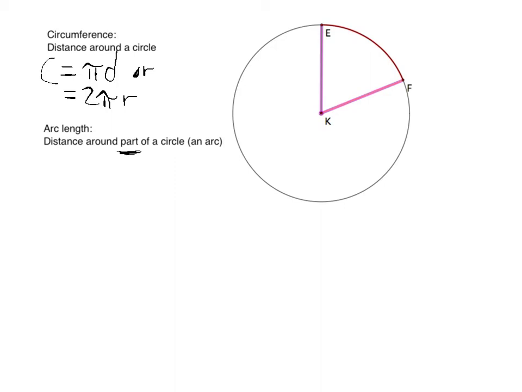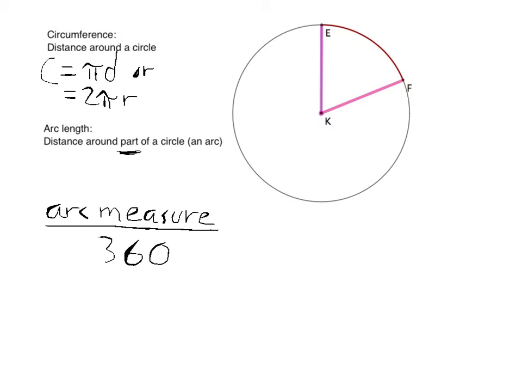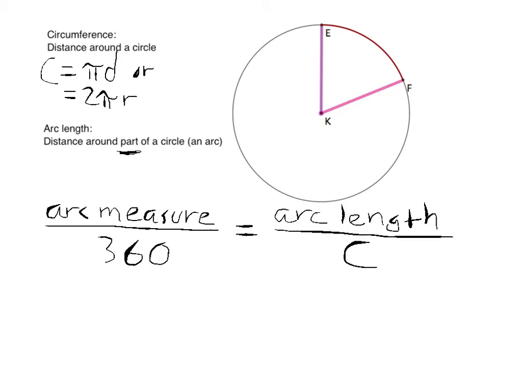And our proportion would be arc measure over 360 is equal to arc length over circumference, C.